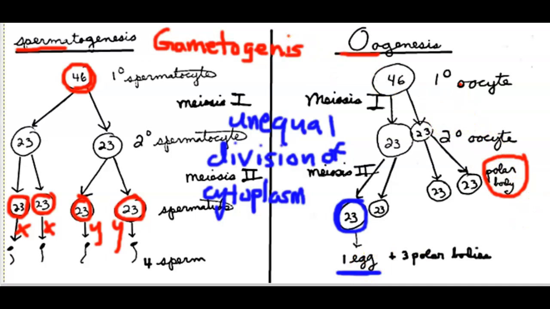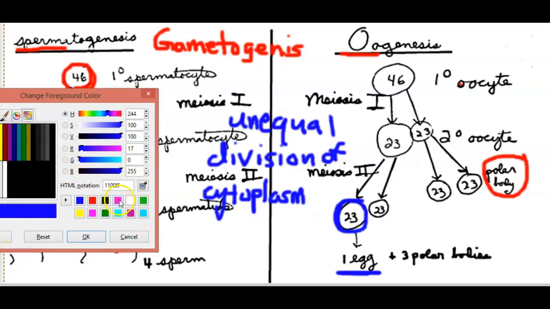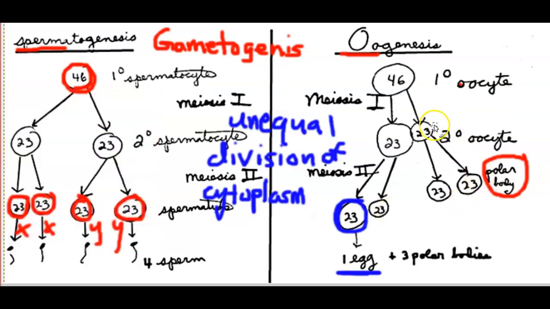Let me make that a different color. Make it purple. So you have unequal division of the cytoplasm. So that one is going to receive the majority of the cytoplasm, so all the nutrients. Okay, so in meiosis 1, unequal division of the cytoplasm.